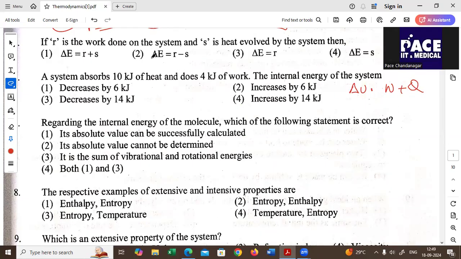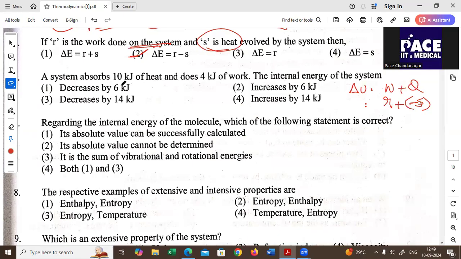Work done on the system is taken as positive, which is your R. And heat is evolved, which means the system is releasing heat, exothermic, taken as minus. So negative S. This would be R minus S. Delta U is equal to R minus S, which means delta E is R minus S.